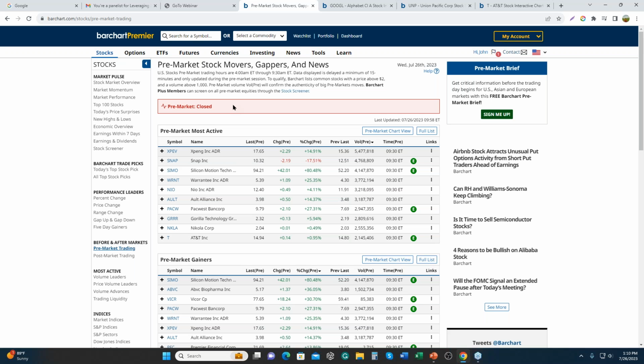Now, again, as this percentage rises, it adds more confirmation to the price action that we're seeing. Now, these candidates that have a 10% volume compared to an average in the pre-market have a greater probability of price continuing in the coming regular session. In other words, volume is confirming price.